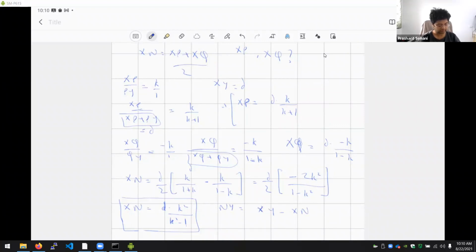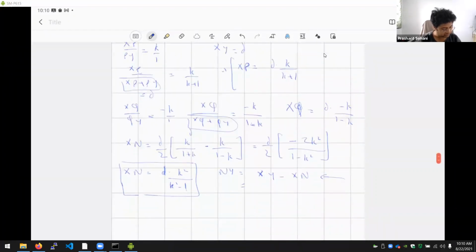Remember, these are all directed segments, so I don't have to scroll up and look at the diagram to see where x, y, n are, or whether to add or subtract. I don't have to bother with anything. I can directly write this equation confidently because I know everything is directed distance.